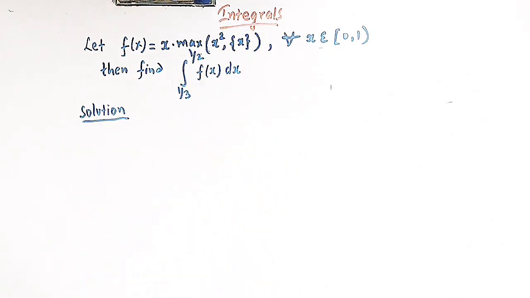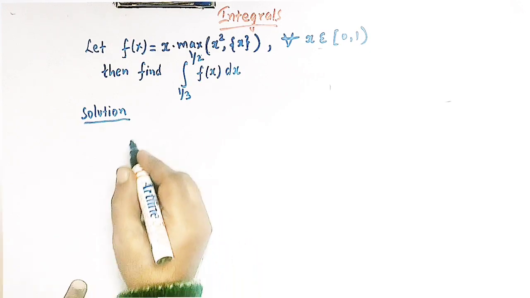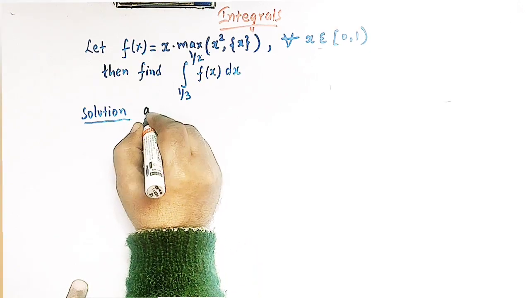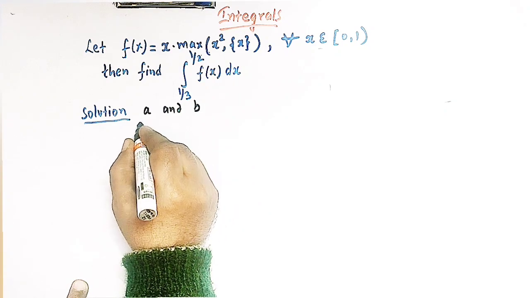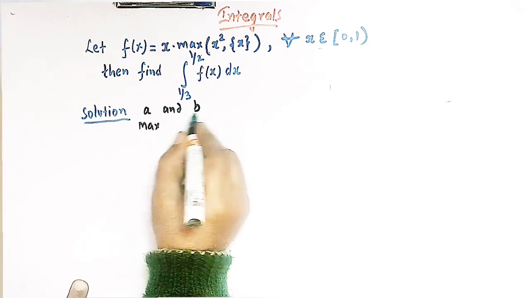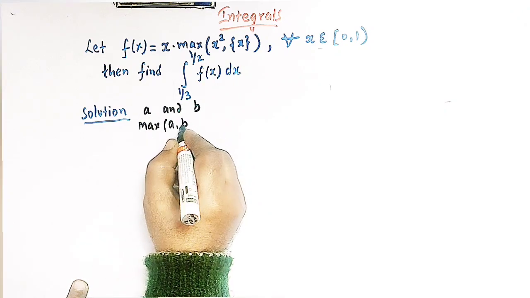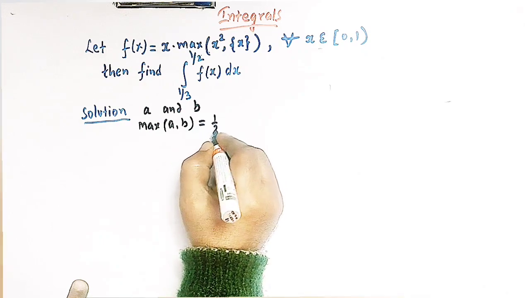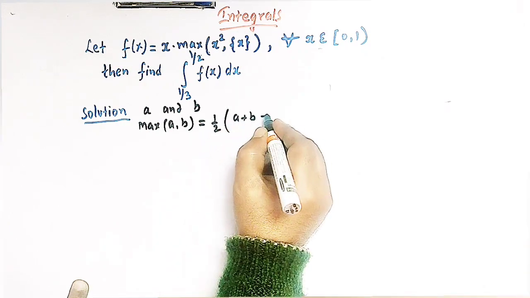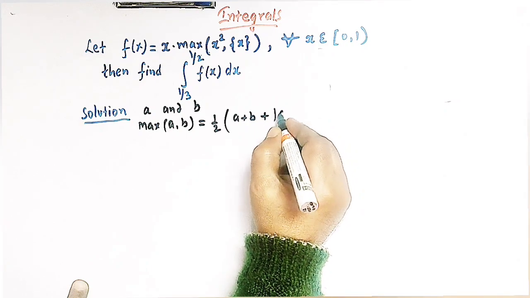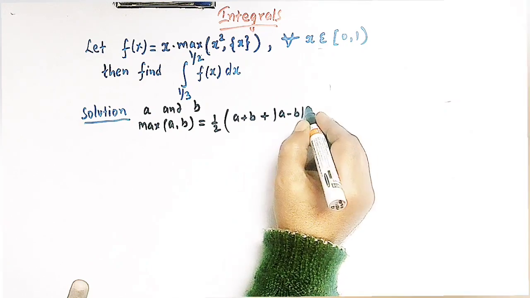So let us start. Consider two quantities A and B. The maximum of A and B is given by half times (A plus B plus the absolute value of A minus B).